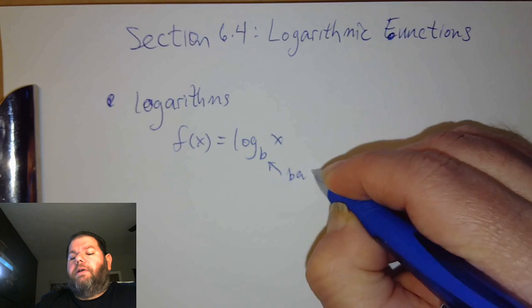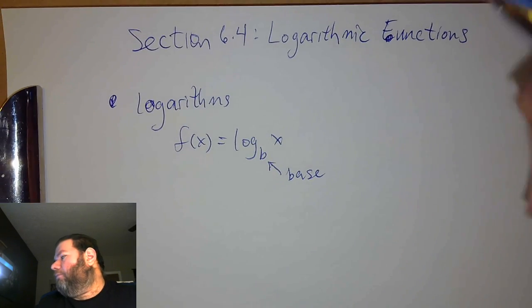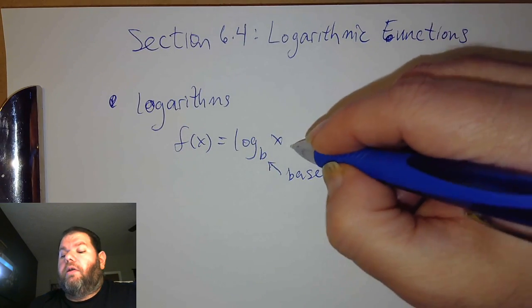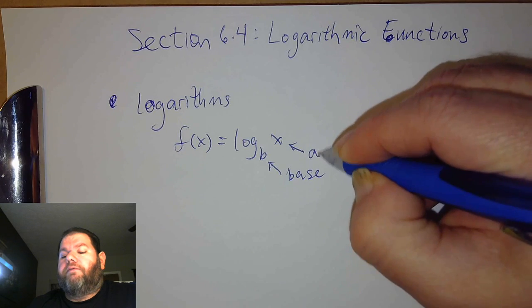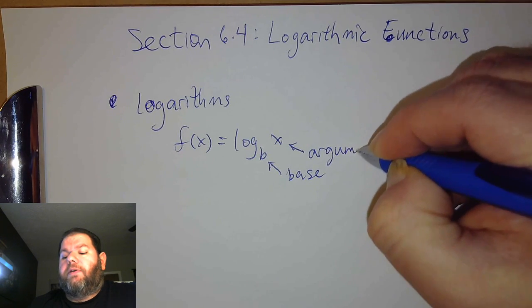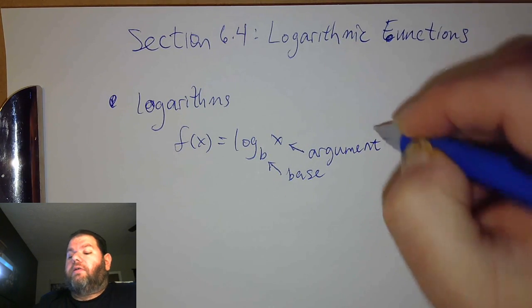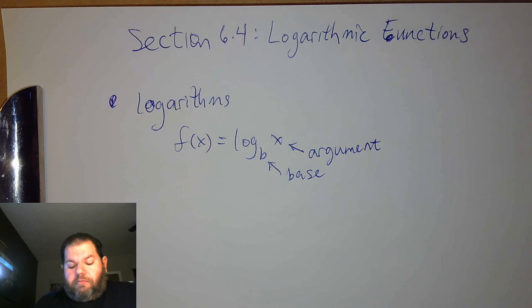B is called the base of the logarithm, and x is referred to as the argument. I'm not sure why we called it the argument, but that's what we call it. So, that's our general form.